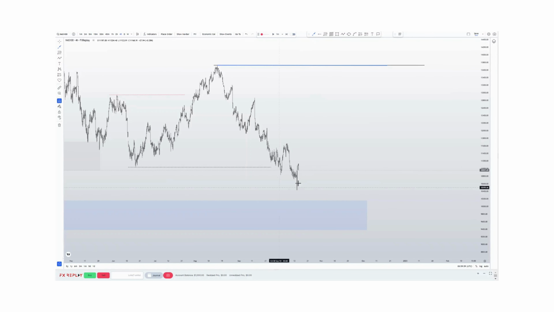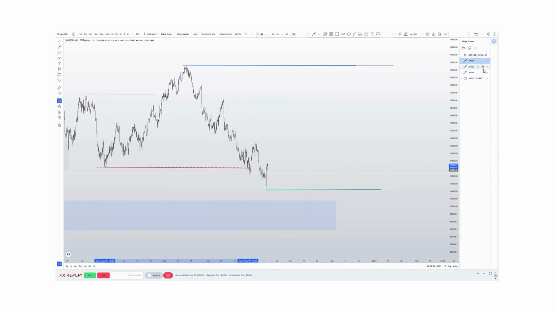Once we have an internal week on the weekly, it will be the week structure, week swing on the H4. And then here we have the break of structure on the H4.